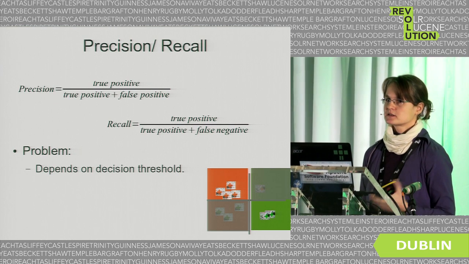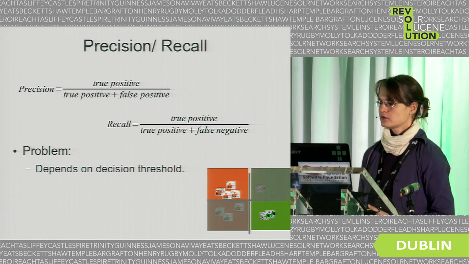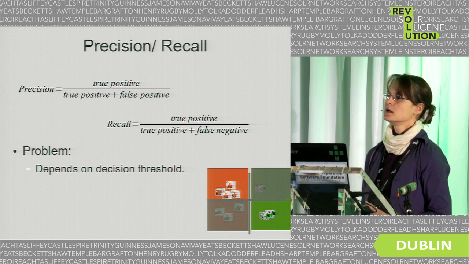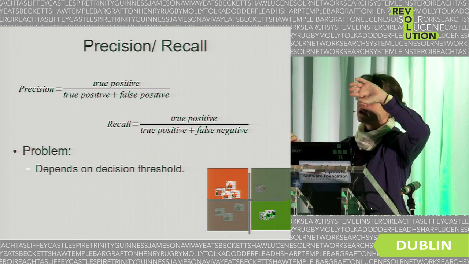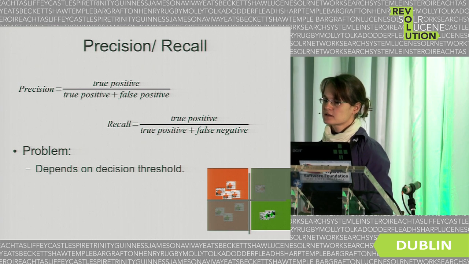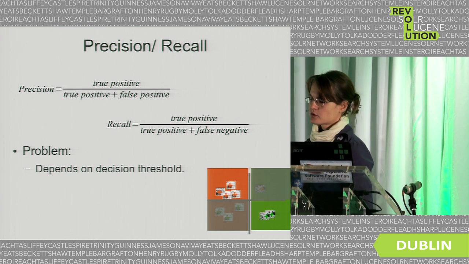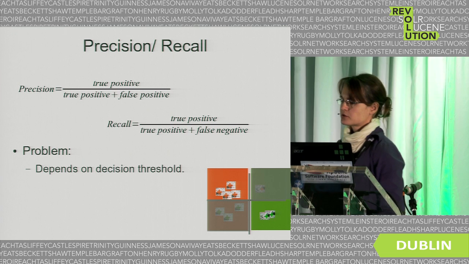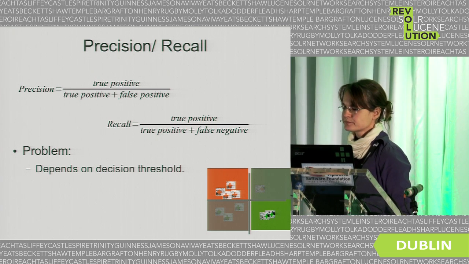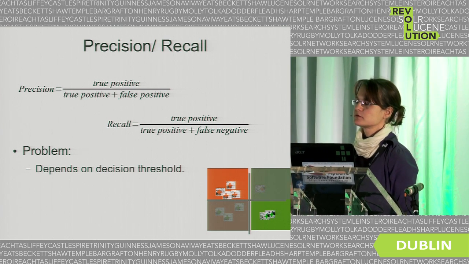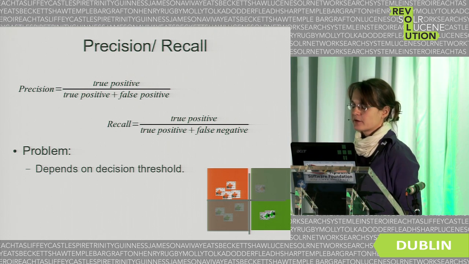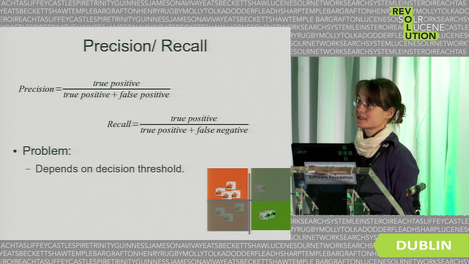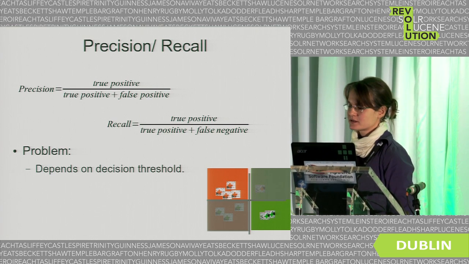There's another pretty standard thing to do, which is called precision and recall. Here you have essentially two forces going in two different directions. There's precision, being true positive over true positive and false positive. Of everything that I predicted as positive, how much was actually positive?